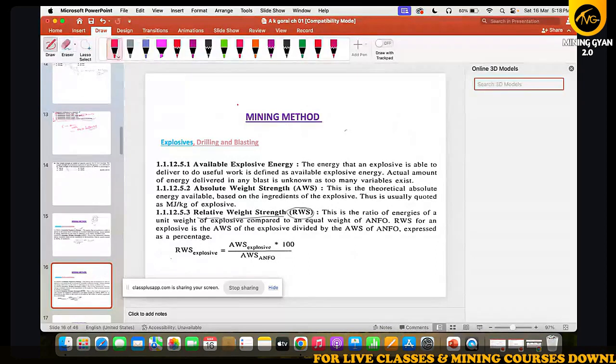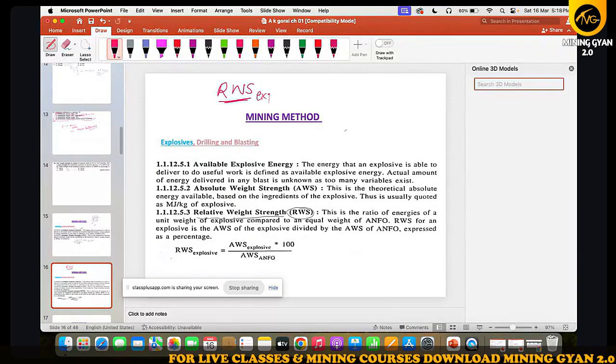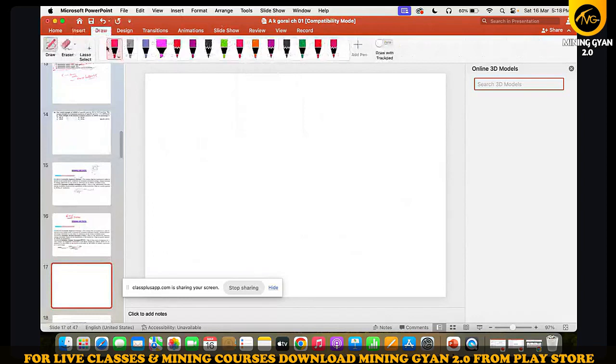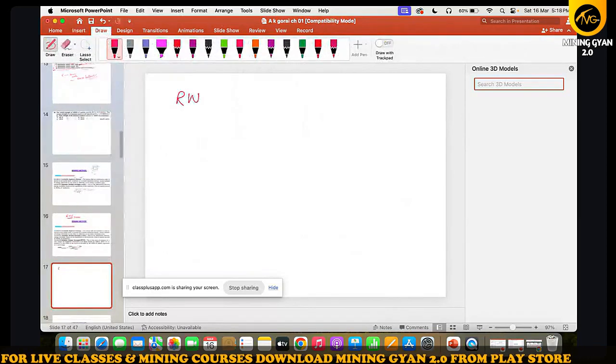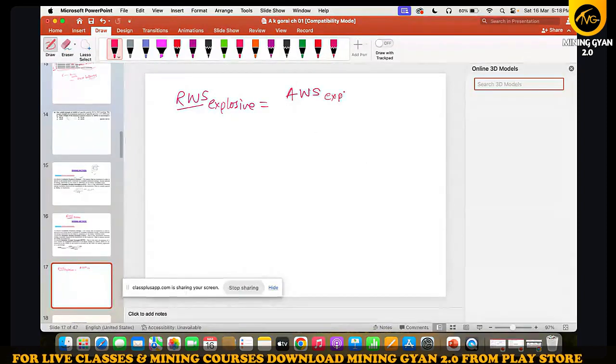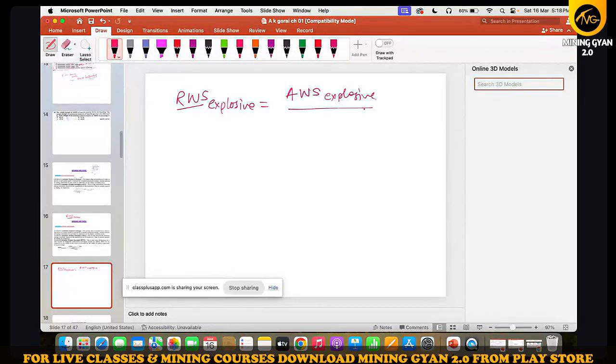तो यहाँ पे क्या होगा, अगर मान लो बोल दे कि रिलेटिव वेट स्ट्रेंथ निकालना हो आपको एक्सप्लोजिव का, if you want to calculate relative weight strength, then you should know AWS of explosive and AWS of ANFO.